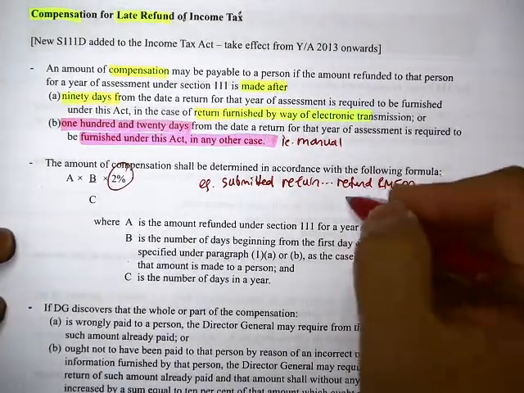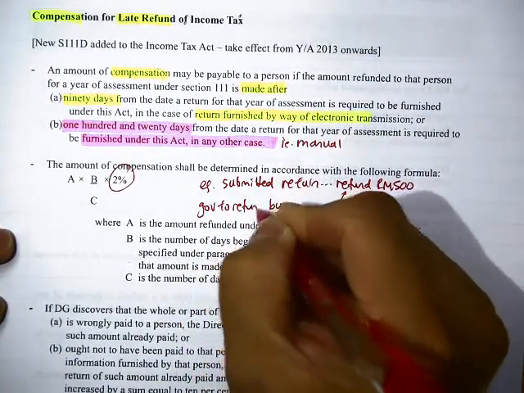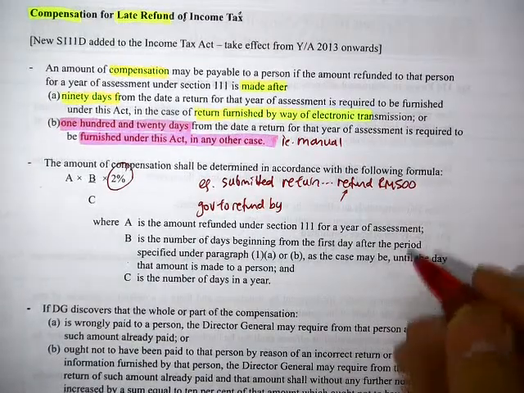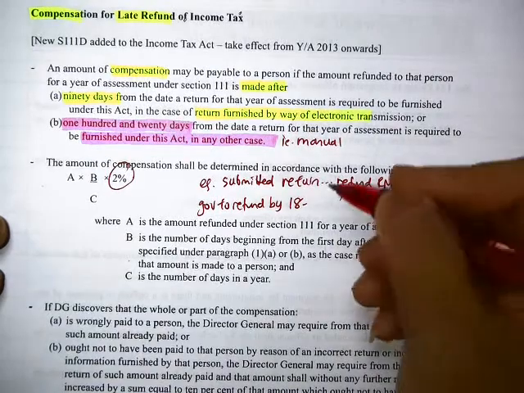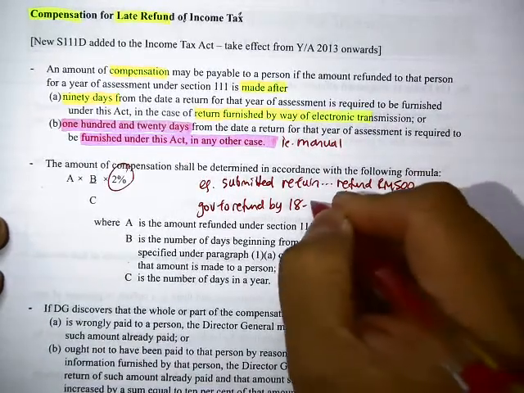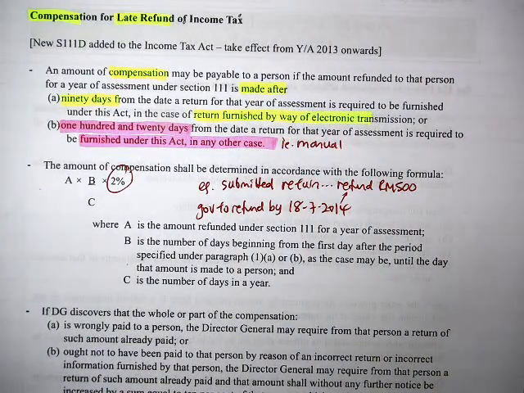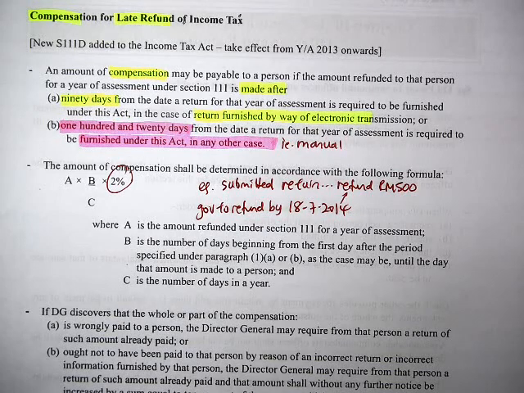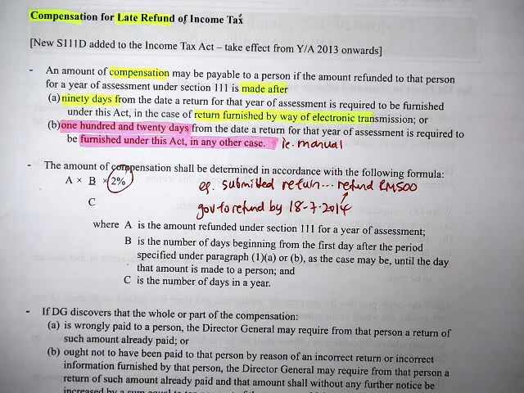Let's say the government must refund you by the 18th of July 2014. So probably you submit somewhere in mid-April online, and 90 days from the submission, they have to return you the money.